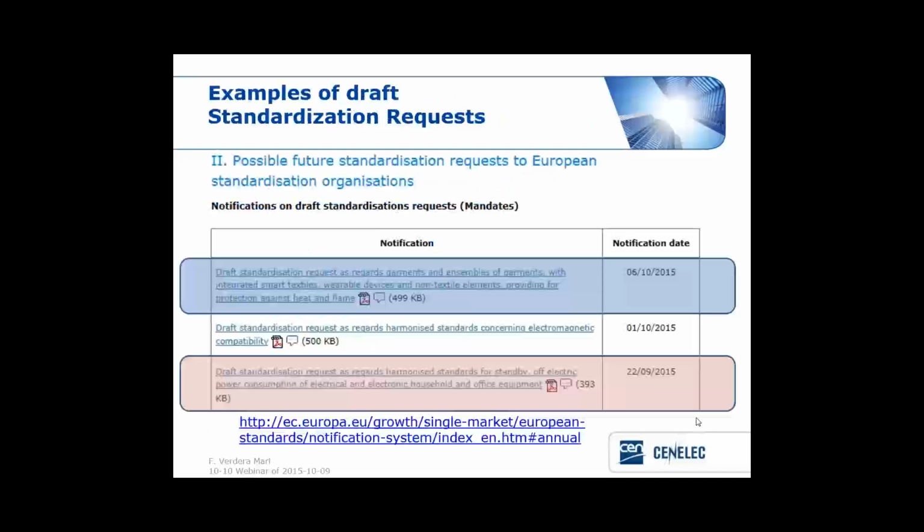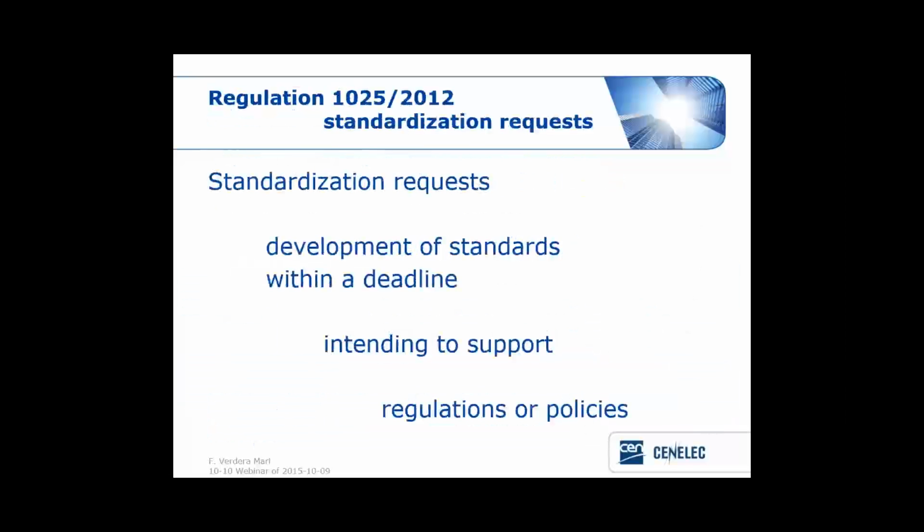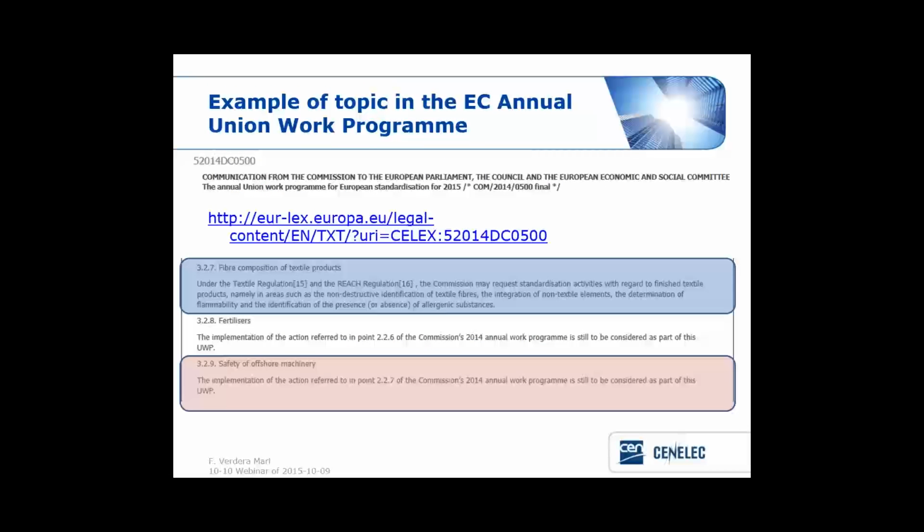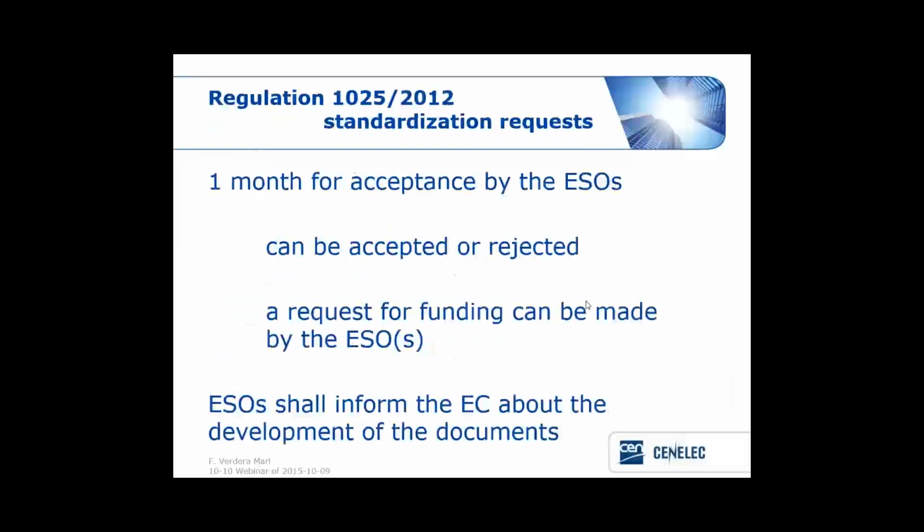Going back to the Annual Union Work Programme, you remember one of the elements was the preparation. Let's go down before, sorry, I know I'm moving slides, but I prefer to be a little bit more active in this. We had in the Annual Union Work Programme, fiber composition of textile products. We didn't have much information at that time, only that it was the integration of non-textile elements.